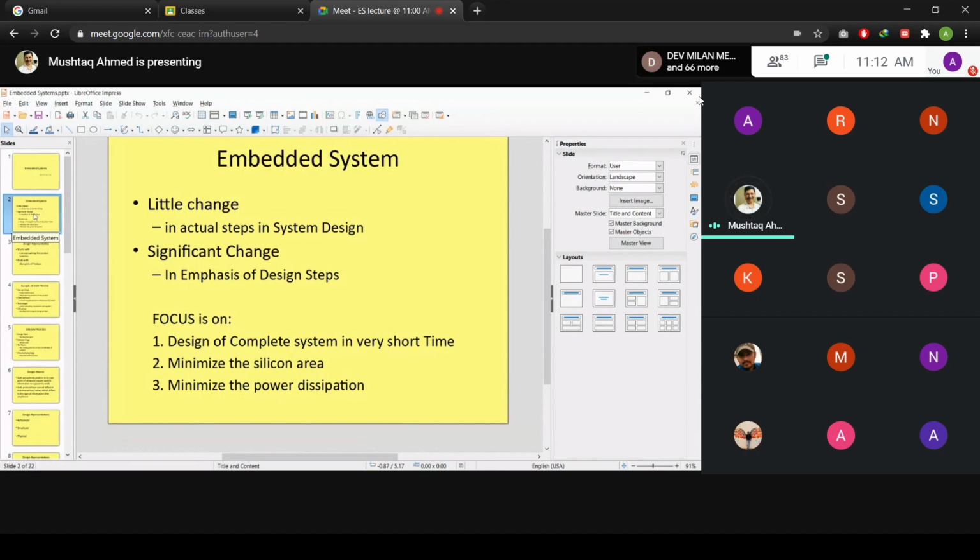Nowadays, as I asked you in the previous class, what is the feature size of the core processor which you are using in your computer system? Apparently the i5 has 0.18 micron, that means 18 nanometer technology, and the i7 has 12 nanometer technology.